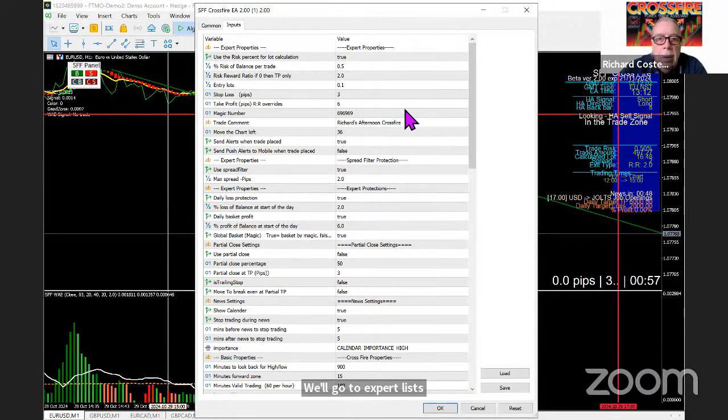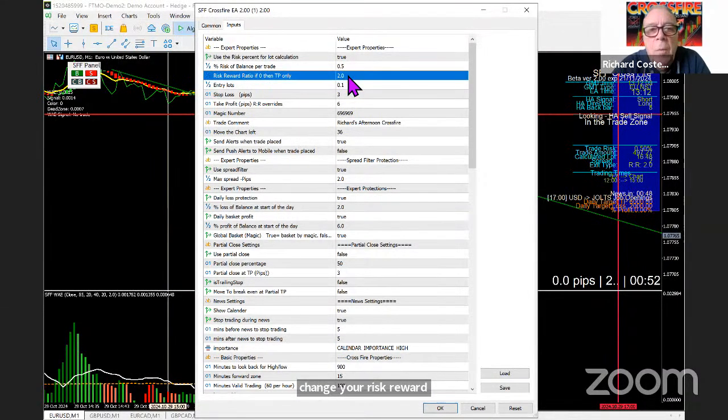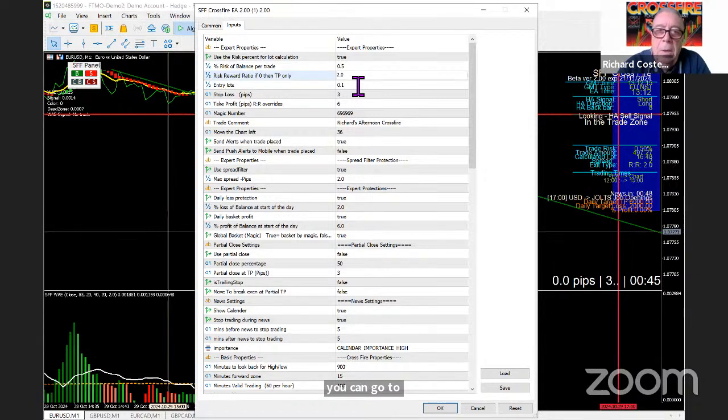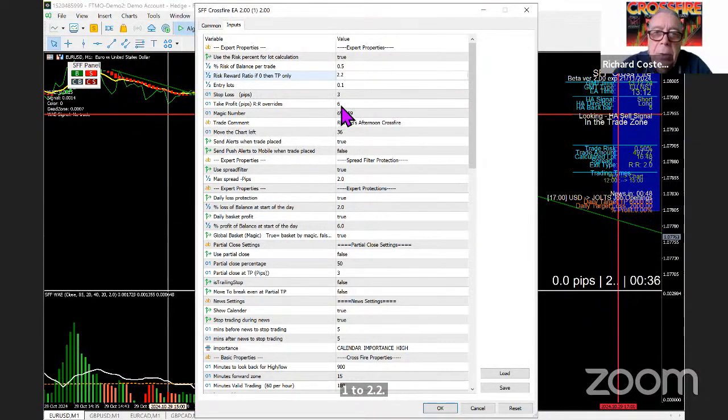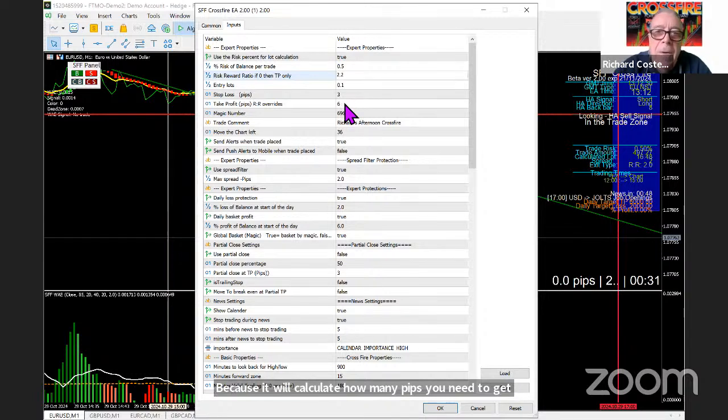What you could do is change your risk to reward. Instead of going for 1 to 2, you could go to, for instance, 1 to 2.2. Now that will override this 6 because it will calculate how many pips you need to get to in order to reach that target, not that target.